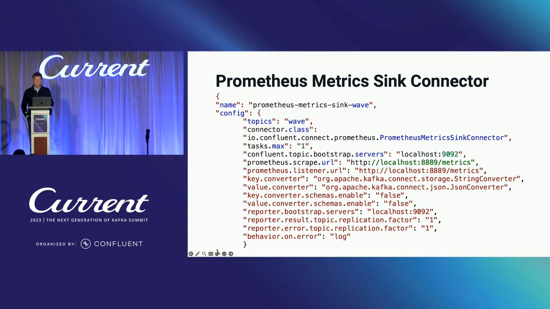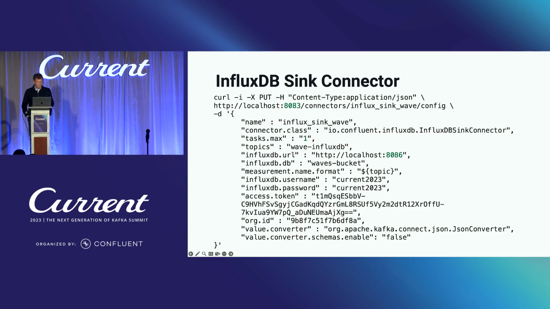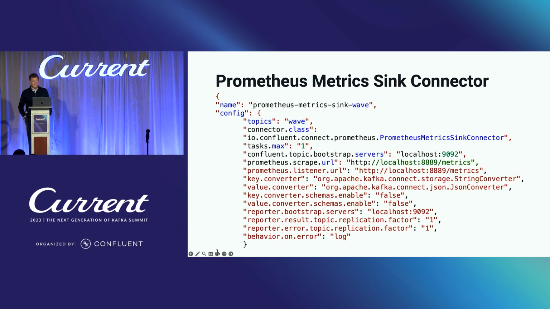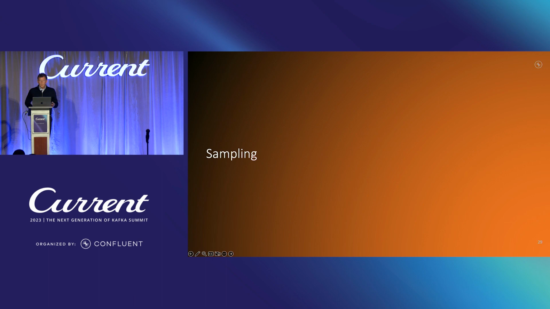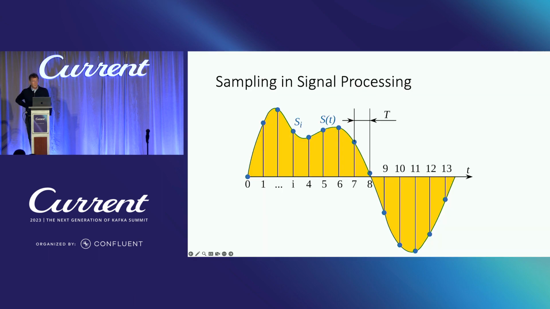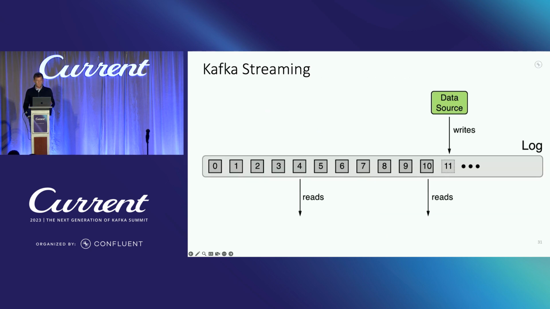And we can choose either Prometheus or InfluxDB. I prefer InfluxDB. So we need this sampling. Sampling is a simple thing, right? We just have this curve, and we call this interpreter, and we're getting the result.